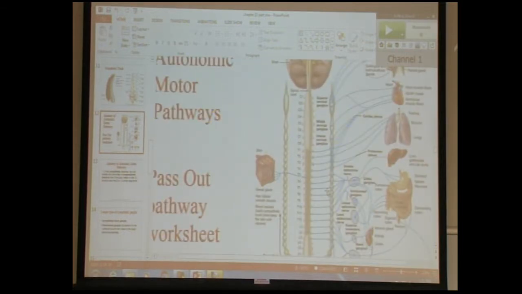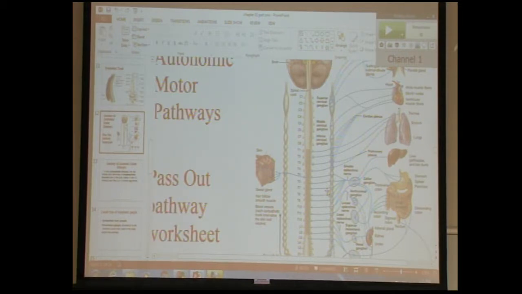All right, so in terms of the structure of the two systems, what I would probably be remembering is that sympathetic basically goes down most of the spinal cord, where the preganglionic neurons start. So you can see them all starting there.